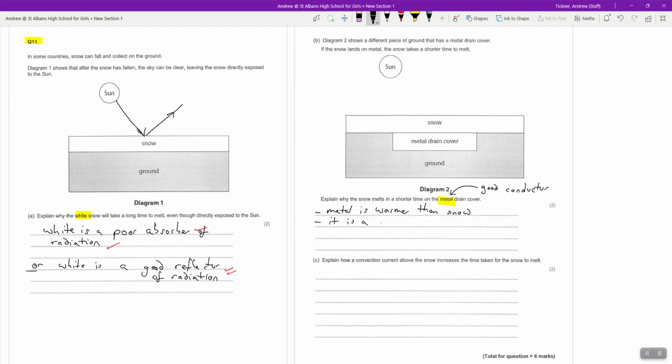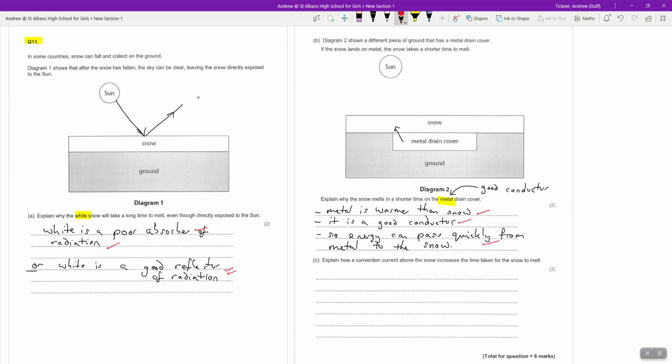It is a good conductor, so energy can pass quickly, and this is important to get the direction right, the metal is the warmer thing, from the metal to the snow. So the energy is going into the snow from the metal drain cover to melt it. Any 2 of these 3 are the marking points.